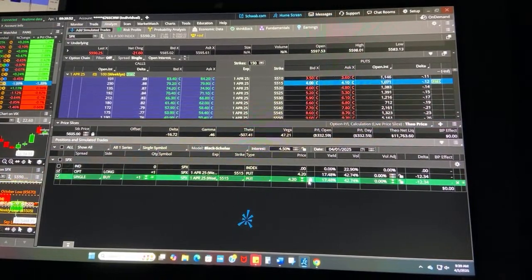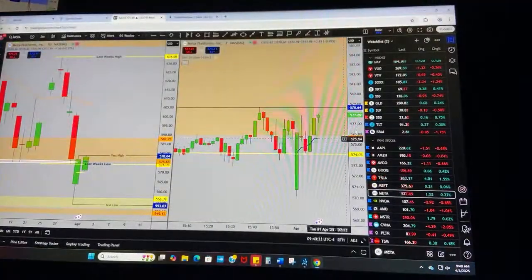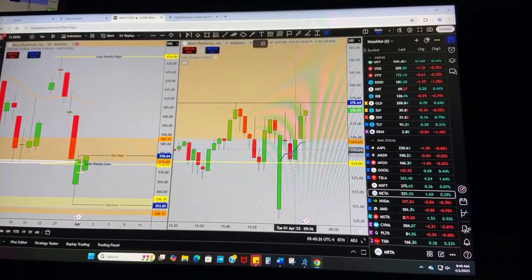We are kind of trying to reclaim VWAP a bit here, and you can see it in Google. Get this in the other account. All right, I want to be a little cautious with this one here at 5515. I could be wrong easily.